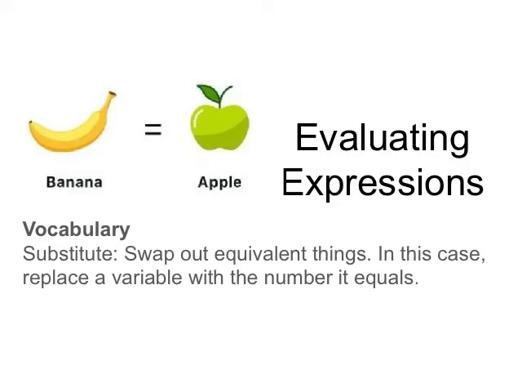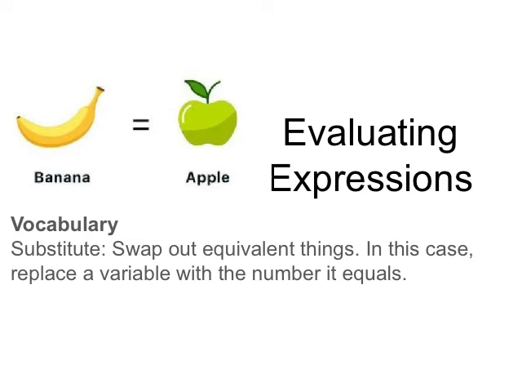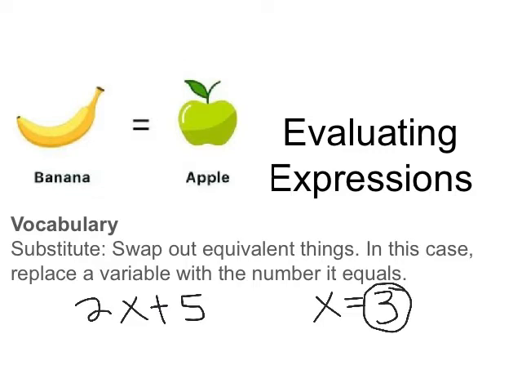In this video, we're going to learn how to evaluate expressions. We're going to do that by substituting a variable. So what that means is that if you have an expression, like let's say 2x plus 5, and I tell you that x equals 3, you can substitute the 3 in for the x since they're equal.